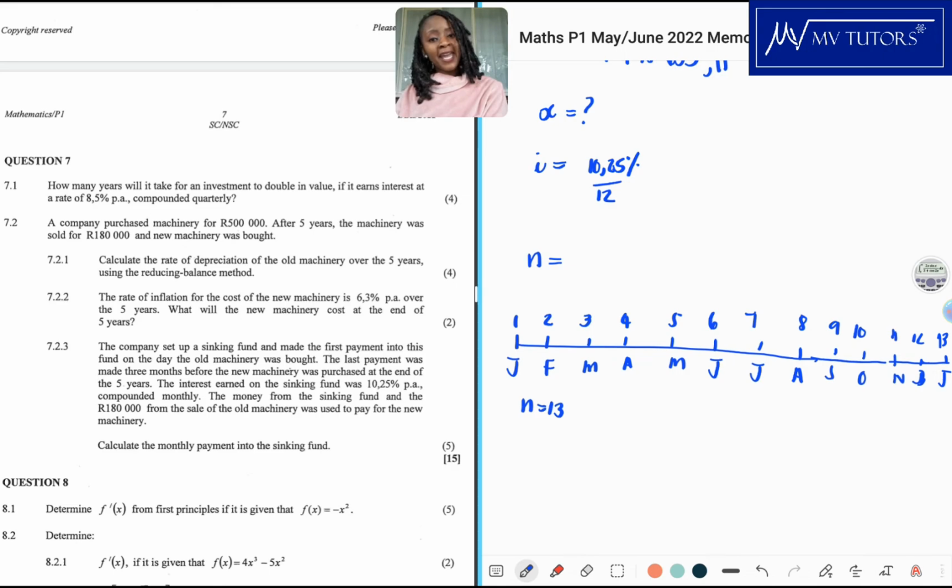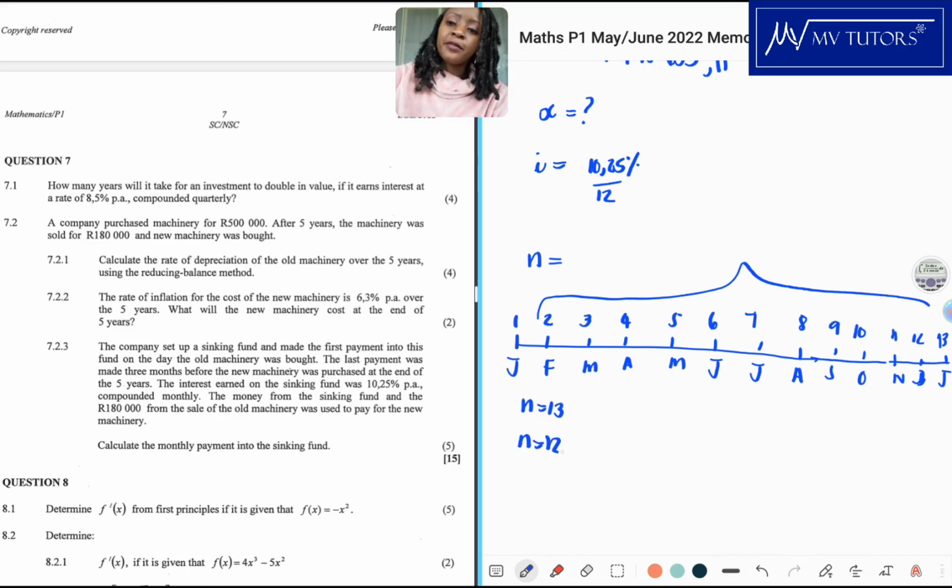But let's say I open the account and they say your first deduction will be the following month. I opened the account today in Jan, but I'm going to start paying into the account the following month. Then I would start here and I would end there in January. Or they say I start making payments today, but my returns will be given to me in Jan. Then my time would be 12. I would have used 12 months. So just be careful.